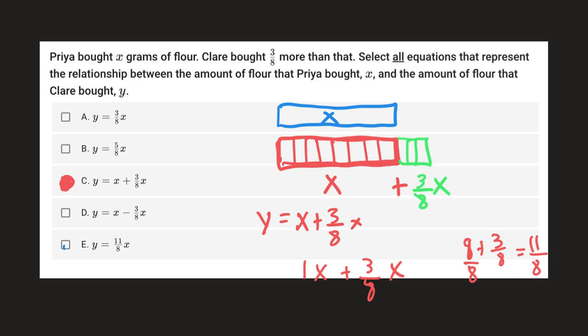So we can say Y equals 11/8 X. So that's the other option. This one was a review problem from section 4 of unit 4. So it is one that we saw before, but it's just really adding fractions. That's all you're doing.